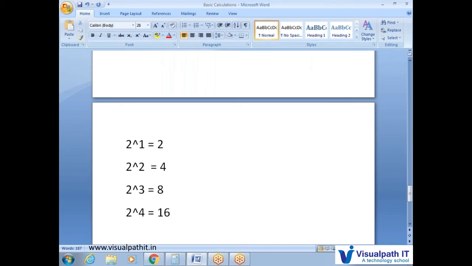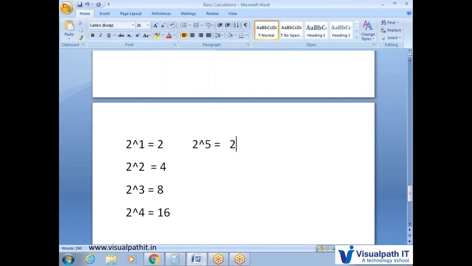But what is the smart way? Look at the ending value of every four numbers. For example, 2 power 1 is 2, 2 square is 4, 2 cube is 8, 2 power 4 is 16, and the next one is 2 power 5. Clear? What is the ending value? The ending value is 2.